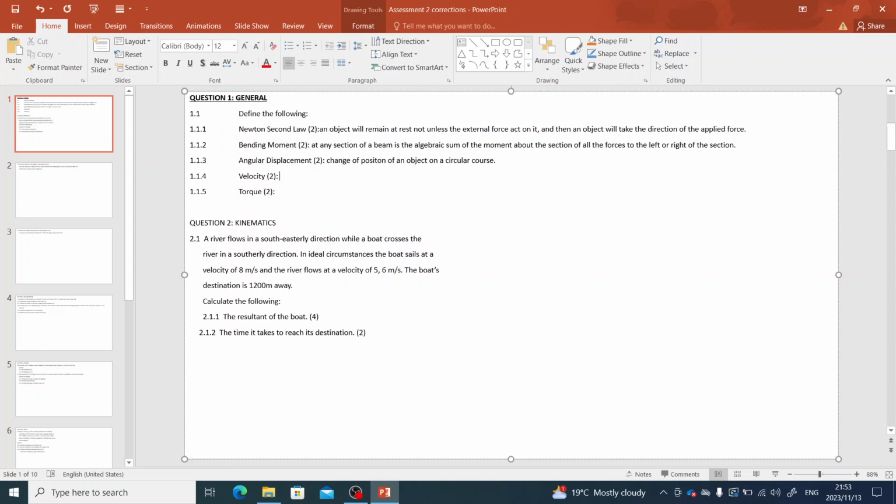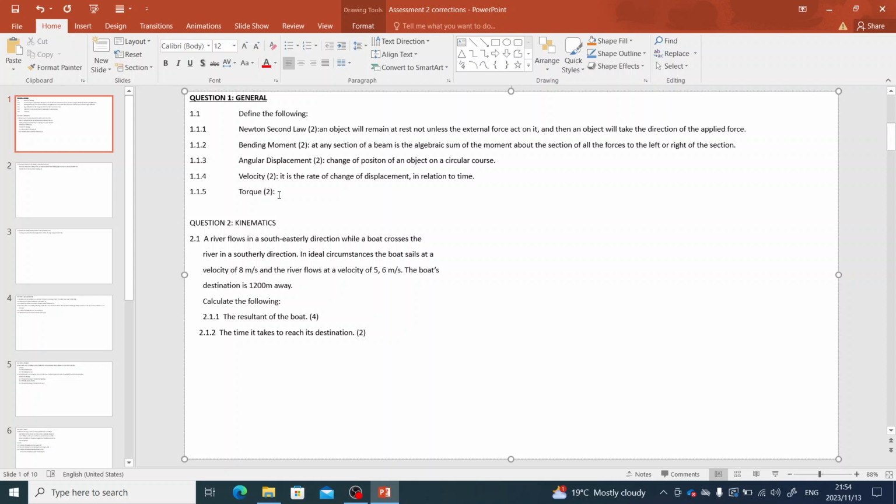Then defining the linear velocity, it is the rate of change of displacement in relation to time. 2 marks.